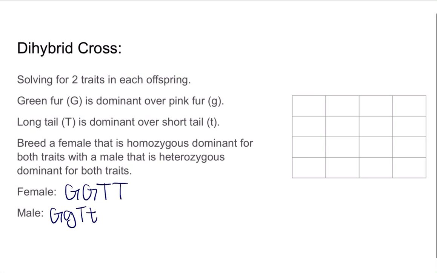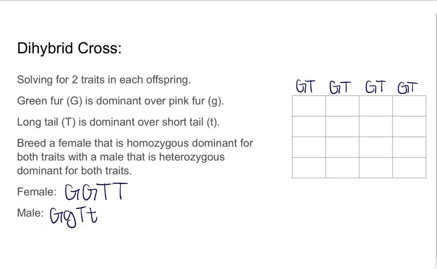So this is going to give us a big G, big T, and it's going to be like that all the way across because it is homozygous. So I'm going to go ahead and write those all the way across. And then it's going to be a little bit different for this one because there are different letters in it.